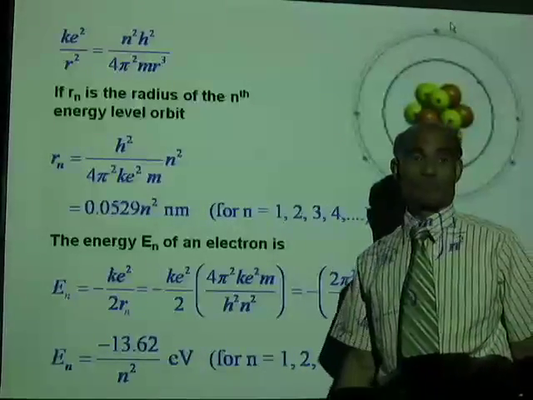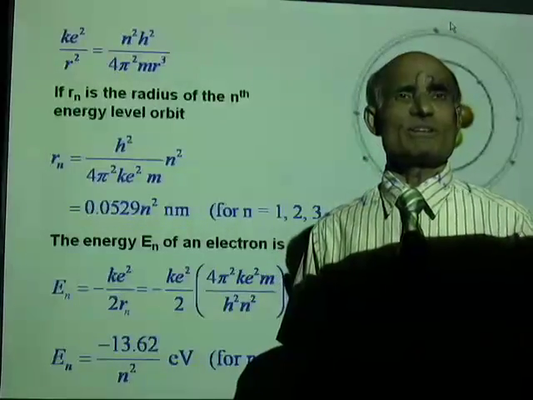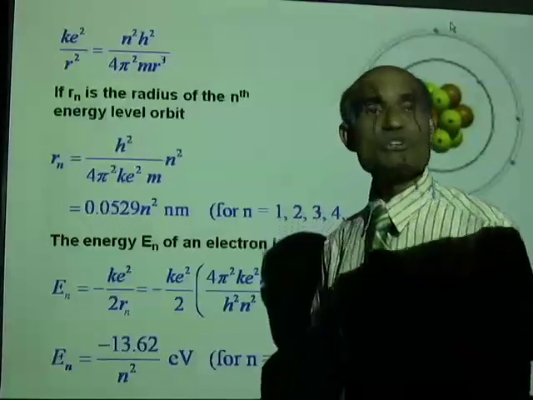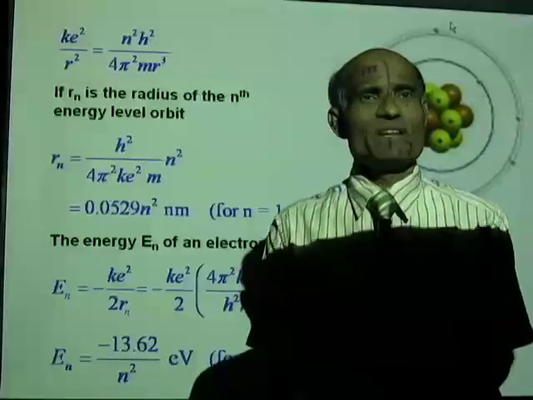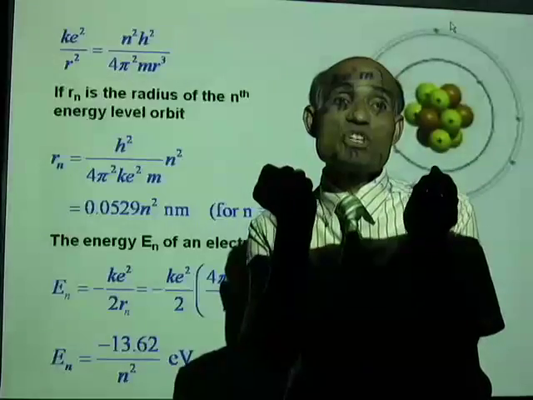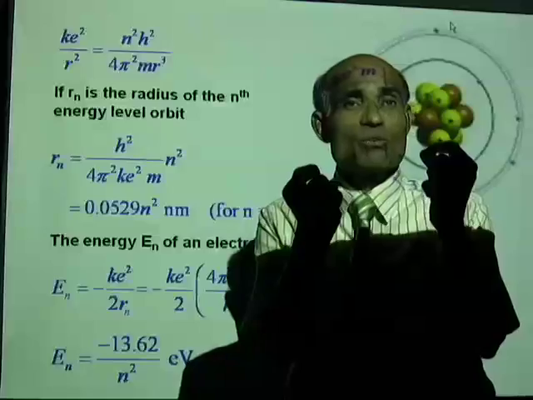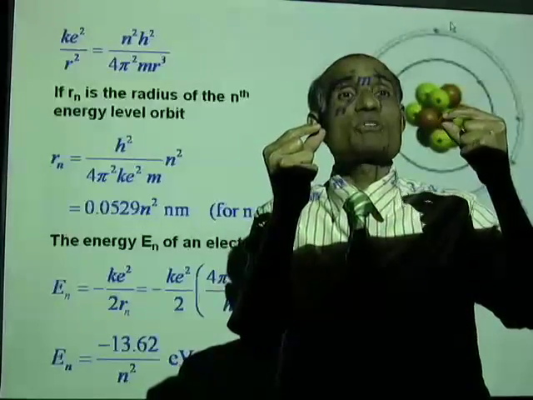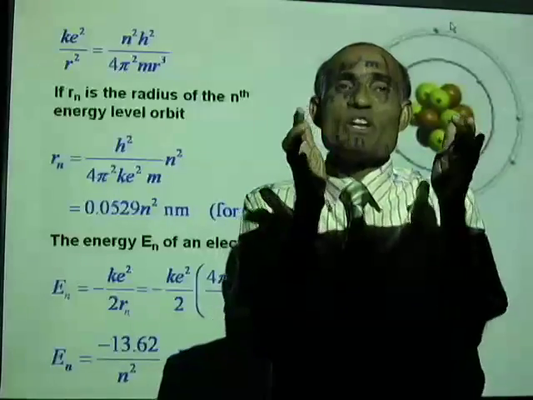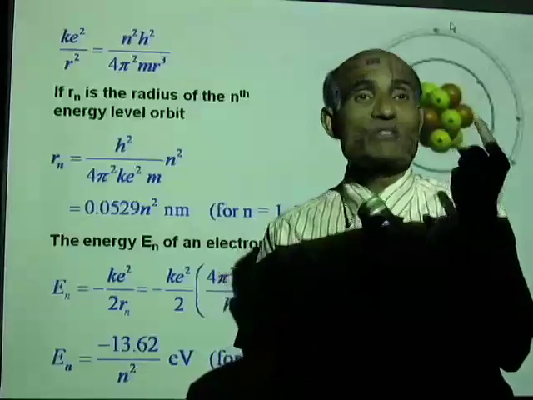Electron volt. Well, the joule is a very big unit for measuring energy of an electron. So it is measured in a unit called electron volt. What's an electron volt? An electron volt is the energy acquired by an electron when it is accelerated by a potential difference of 1 volt.